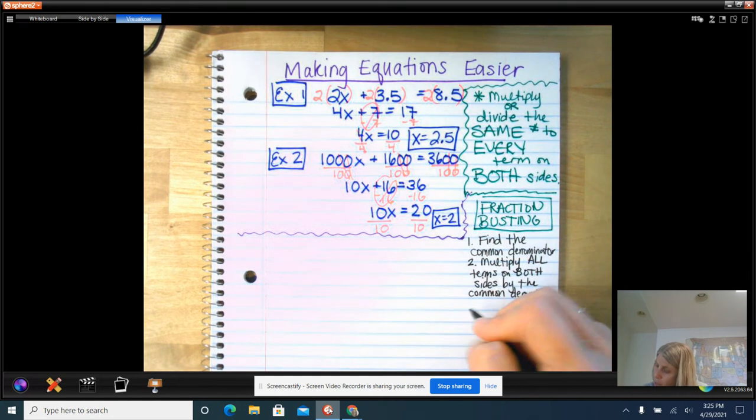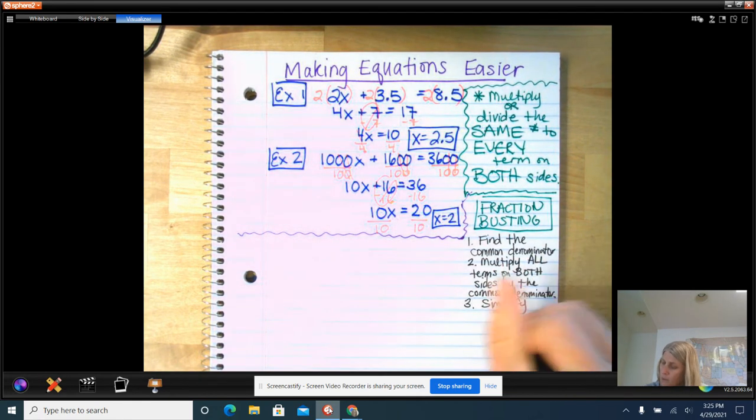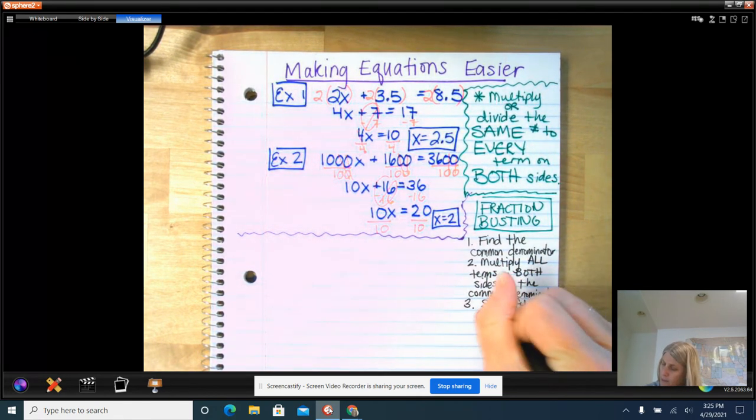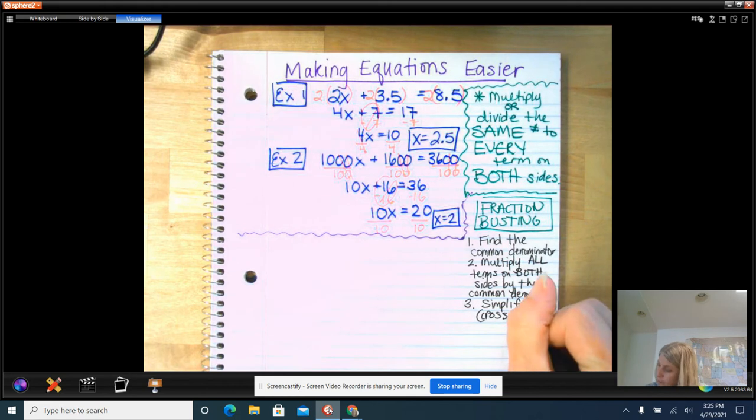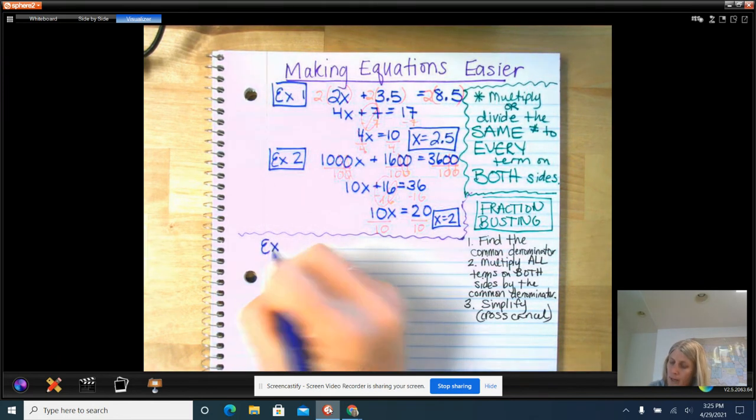And then our third step is to simplify, which is basically going to be a cross cancel. Okay, and we're going to do one example today. Like I said, we are going to go in more detail for this on our next class.